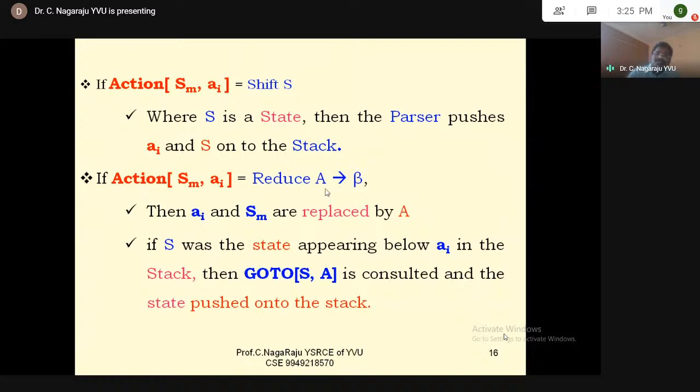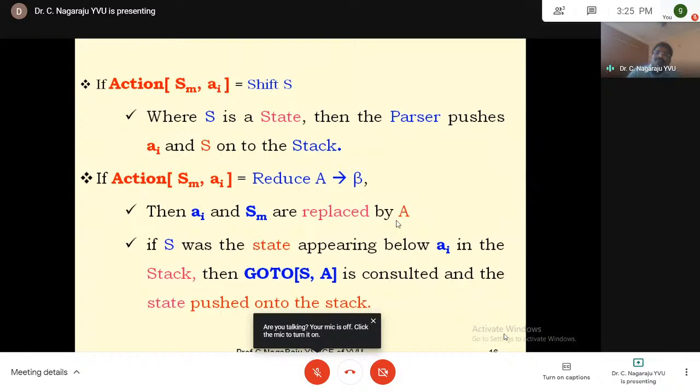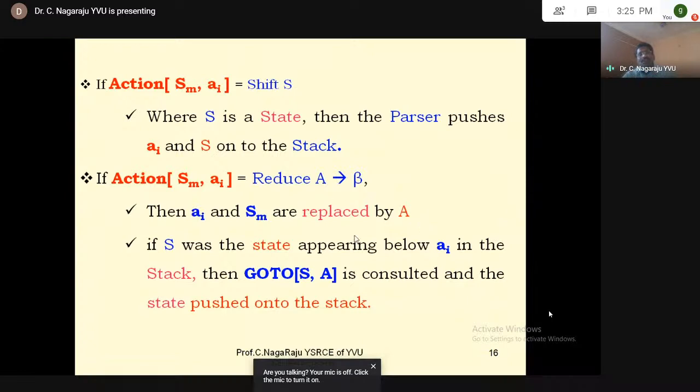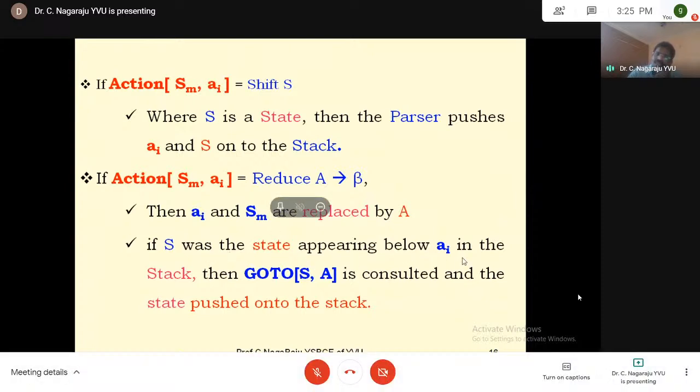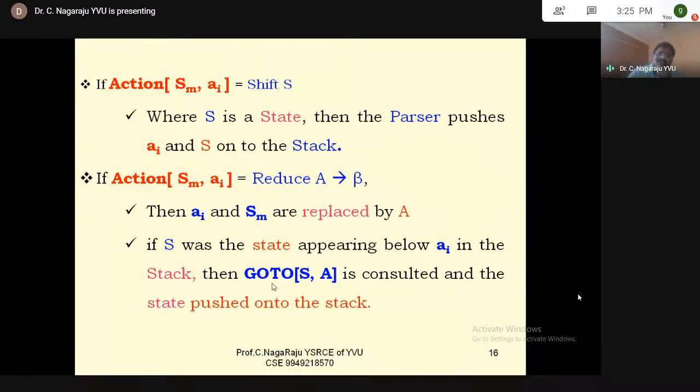In the reduction phase, AI and SM are replaced by A. That is called reduction. If S was the state appearing below A in the stack, then goto S comma A is consulted and the state is pushed onto the stack.